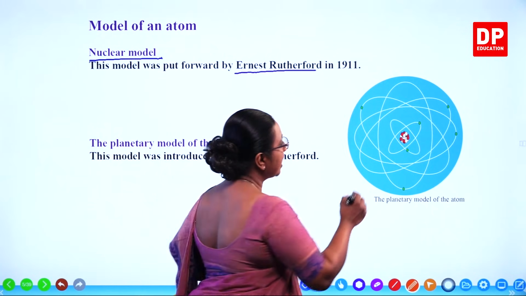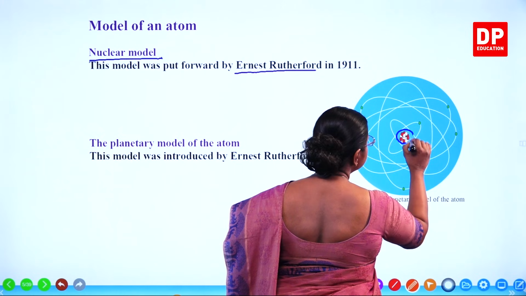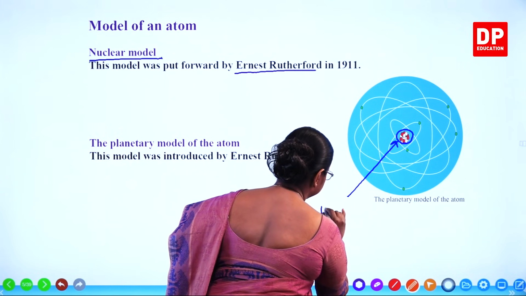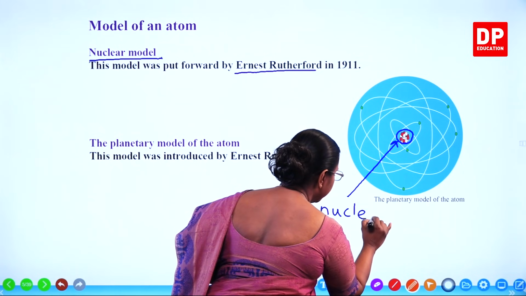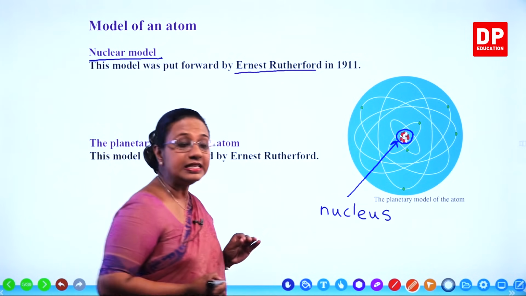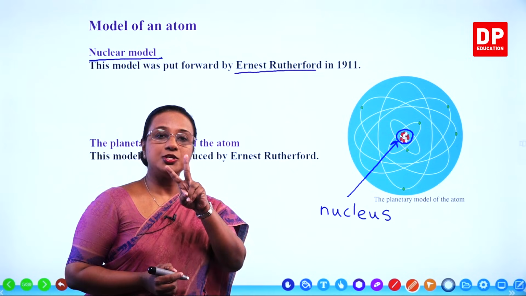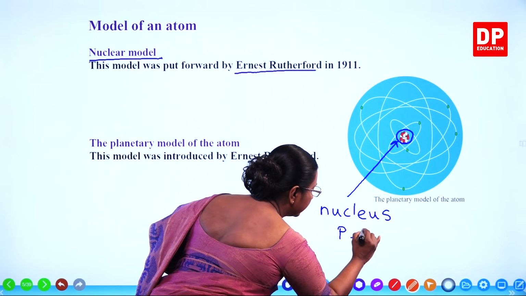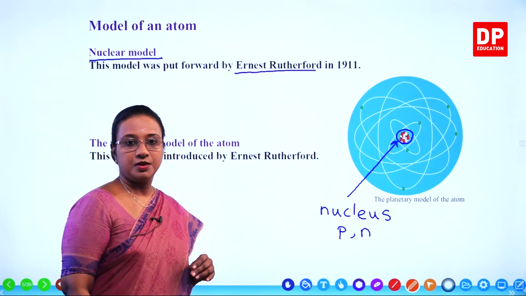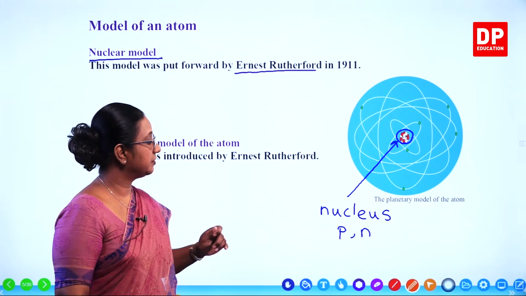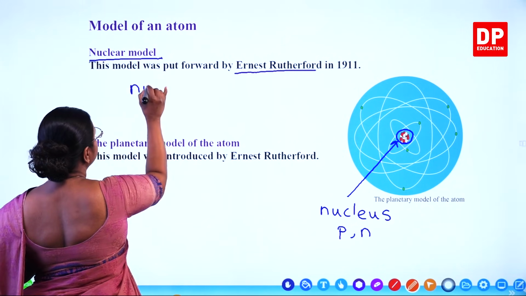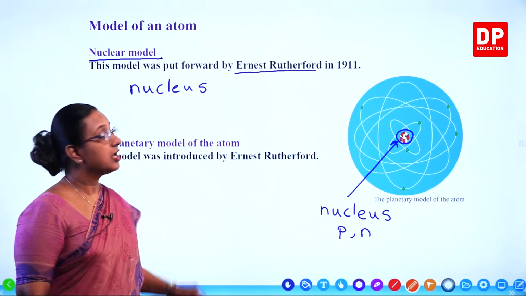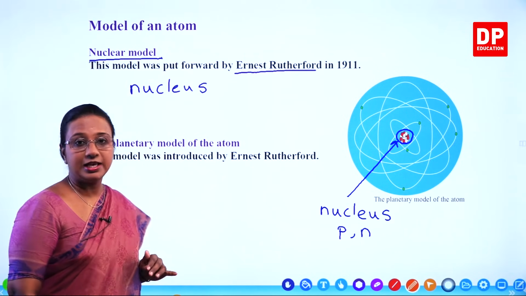If you look at this diagram, you can see this tiny part is the nucleus of the atom. Inside the nucleus, there are two subatomic particles, the protons and the neutrons. Because Ernest Rutherford first put forward the concept of the nucleus, we give the name nuclear model.